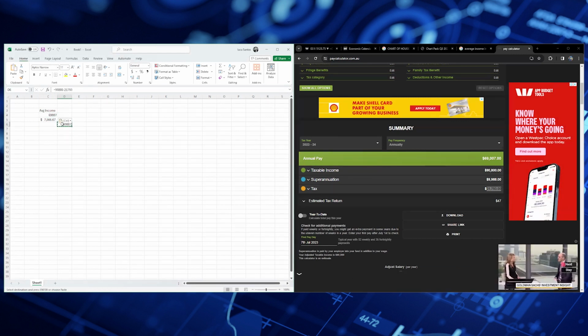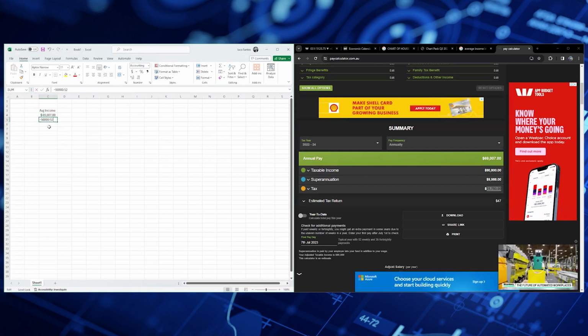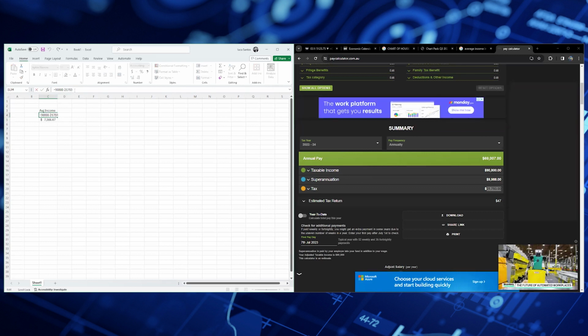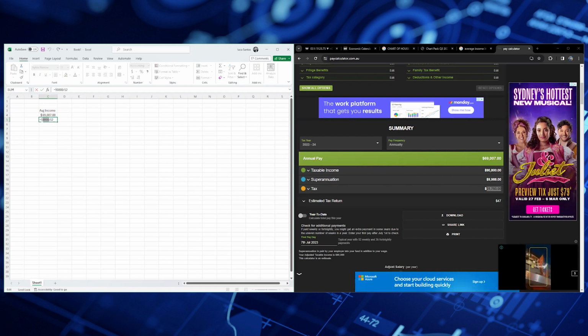Pretty interesting. 69,007. So this is actually what someone gets paid in Australia. That's $5,750 average. All right, this is average.